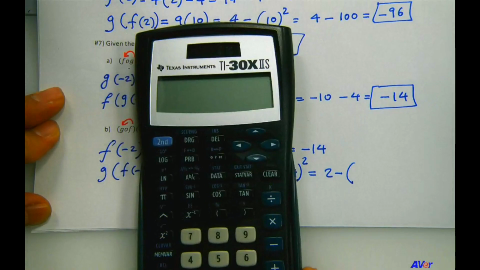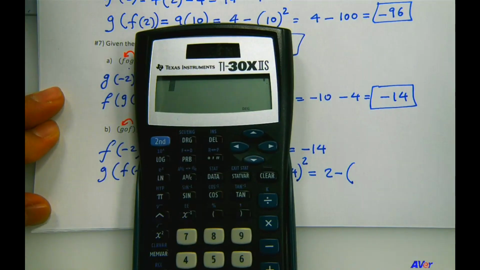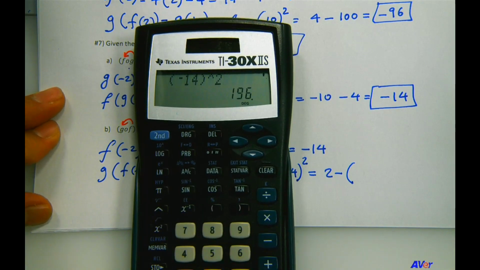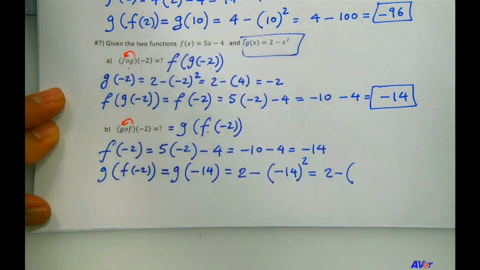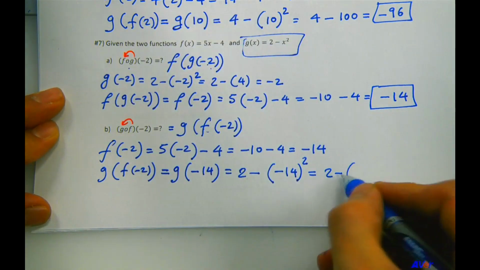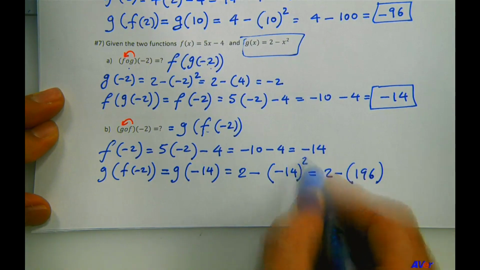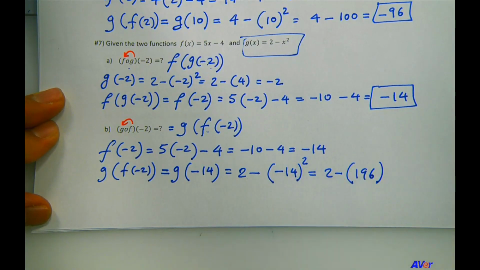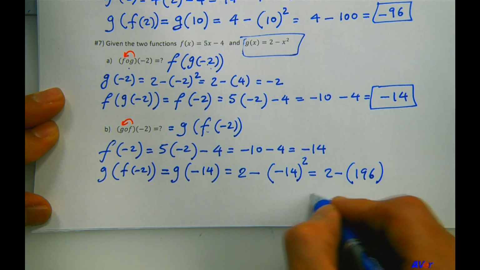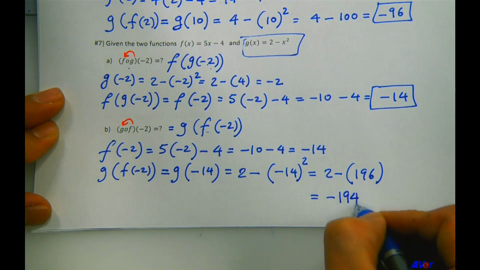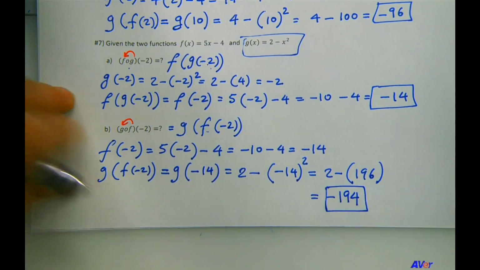I don't want to guess at it, so let me calculate this. It is 196. So 2 minus positive 196 will be minus 194.